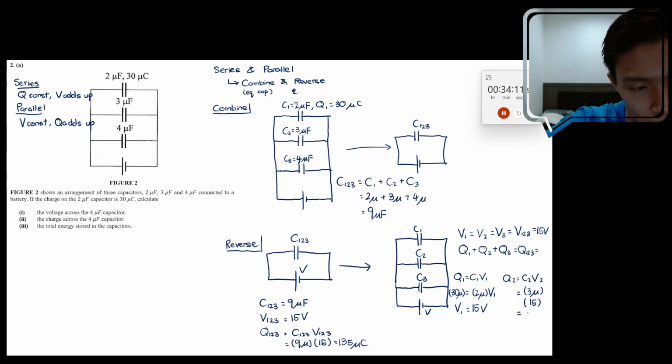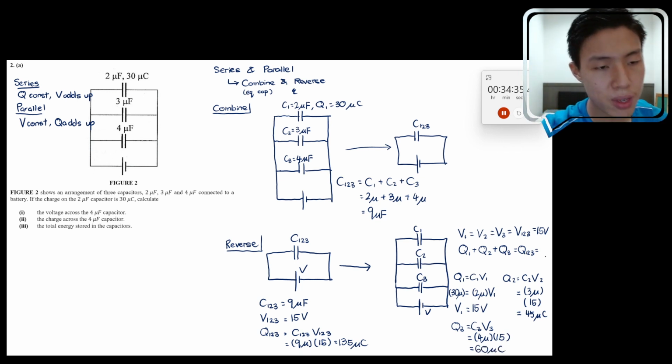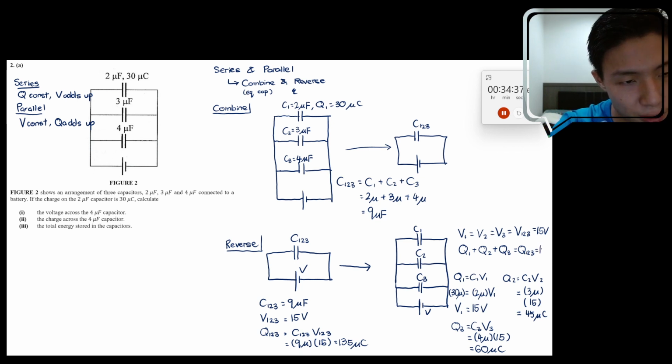So the answer would be 45 microcoulomb, whereas Q3 equals C3 multiplied by V3. C3 is 4 microfarad. V3 is the same as V1 and V2, so that's 15. So Q3 is 60 microcoulomb.